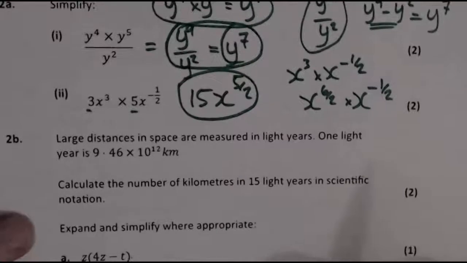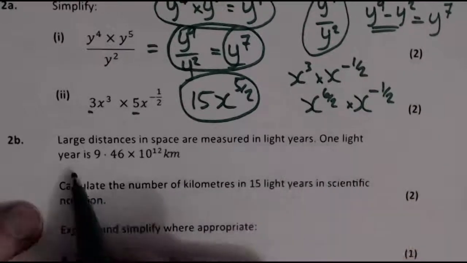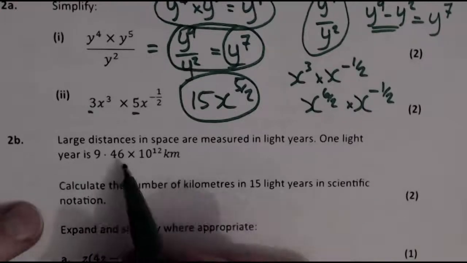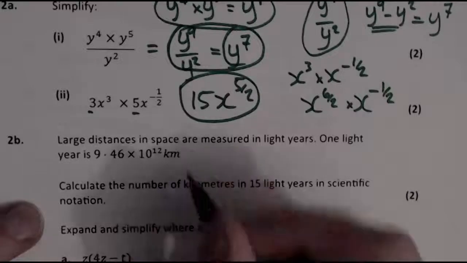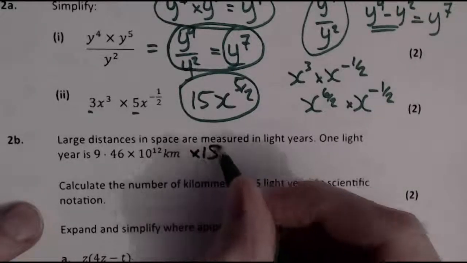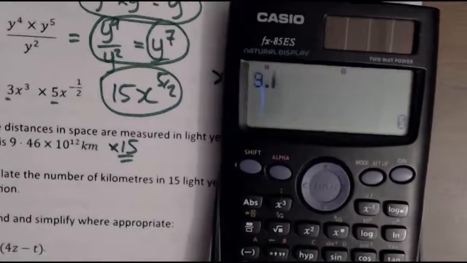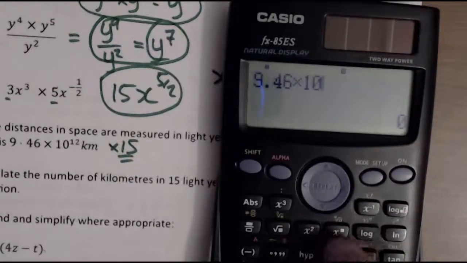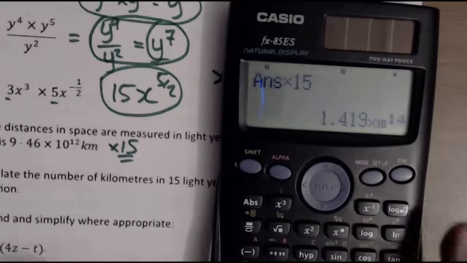We then have a wee look here, and we're saying that 1 light year is 9.46 times 10 to the power of 12. You times that by 15.